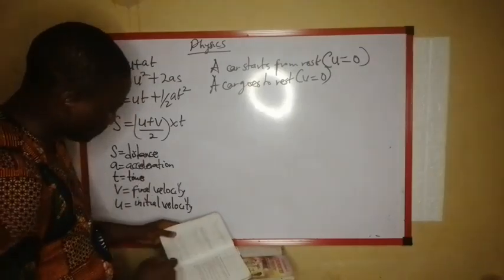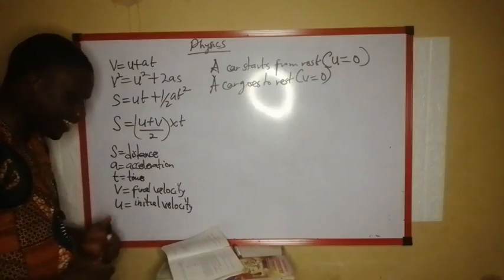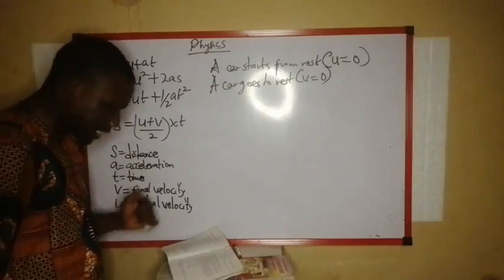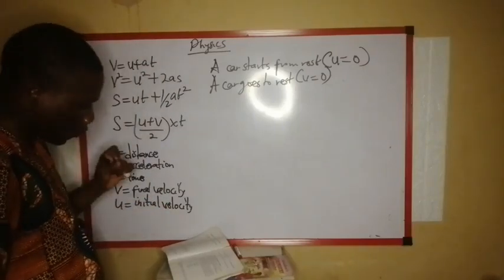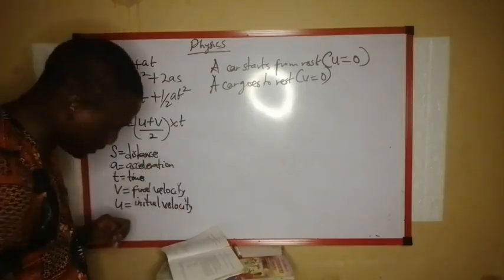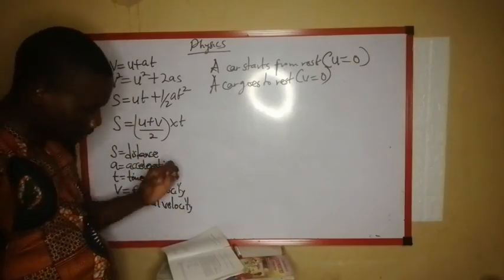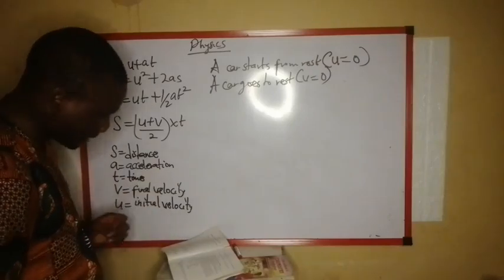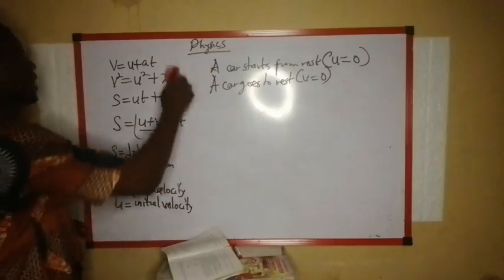The question says, a very simple question at that: a body accelerates uniformly from rest at a rate of 3 meters per second square for 8 seconds. Calculate the distance covered by the body during the acceleration.